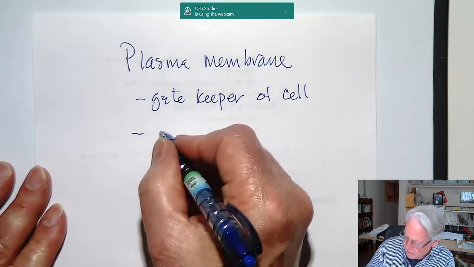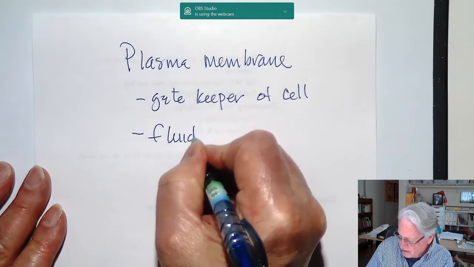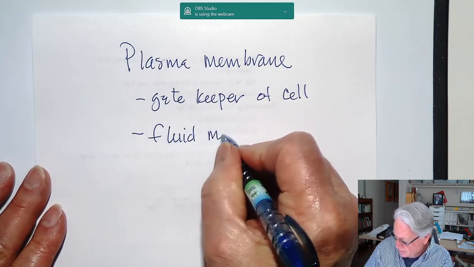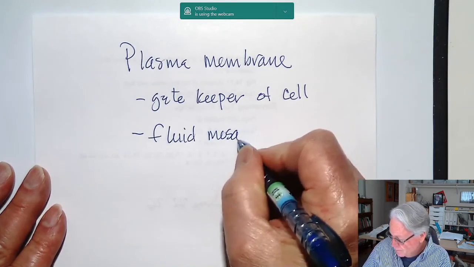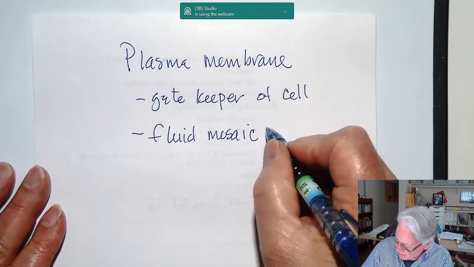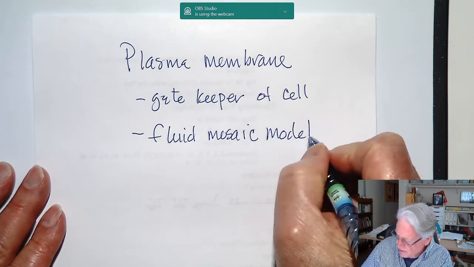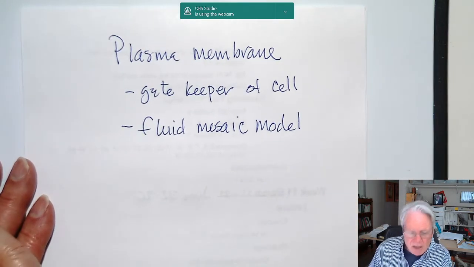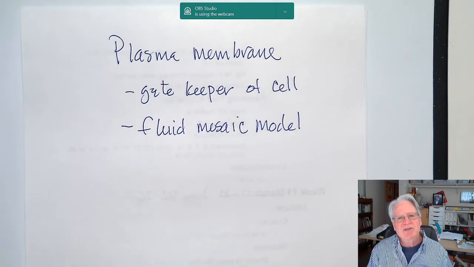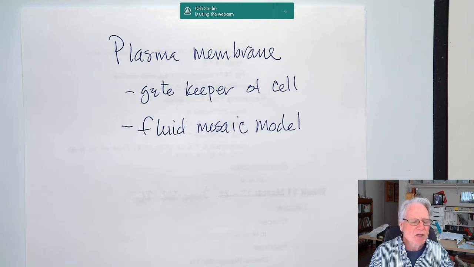And this is called a fluid mosaic model. One way to visualize, and I'll get into the details in a moment, but one way to visualize what that means, the fluid mosaic model, is if you can think of the ocean with icebergs floating in it.